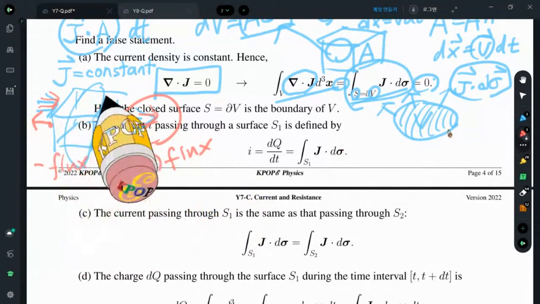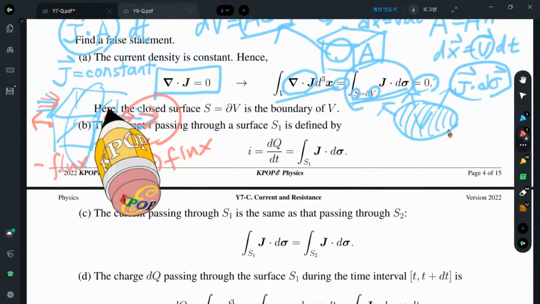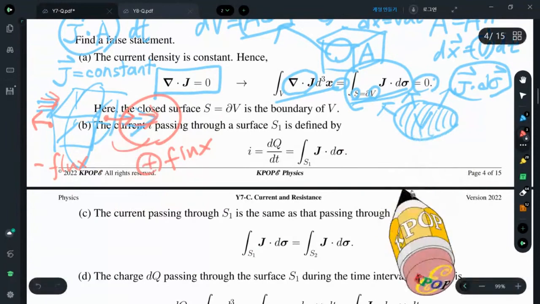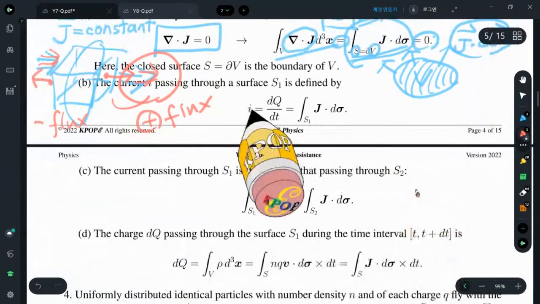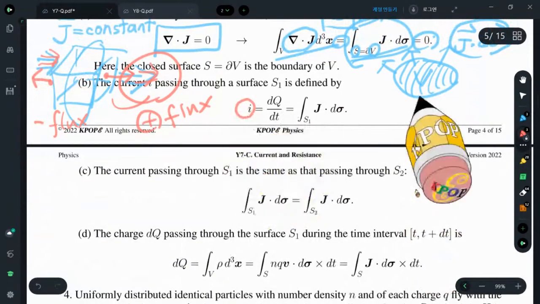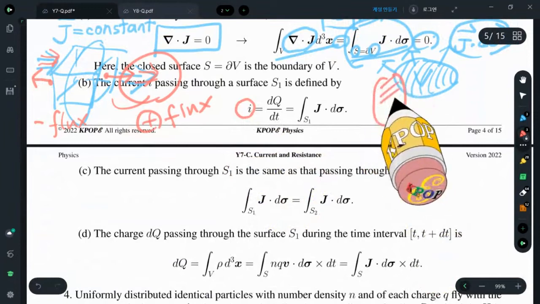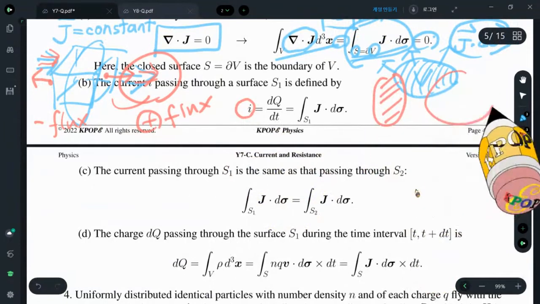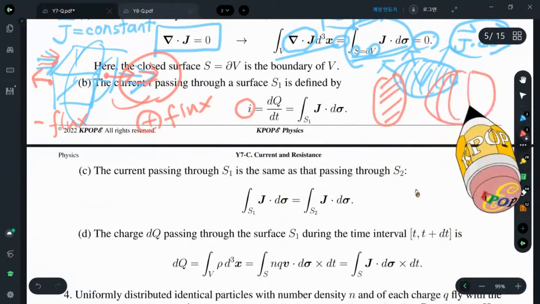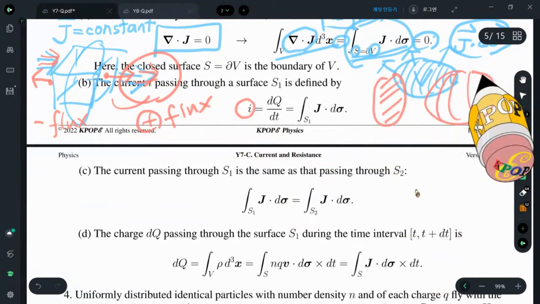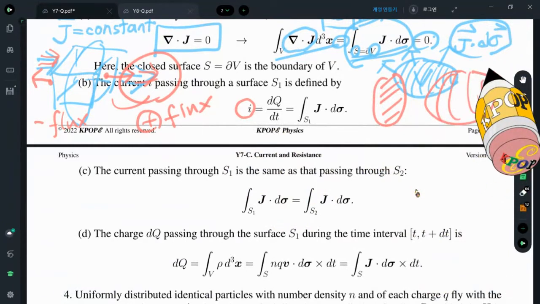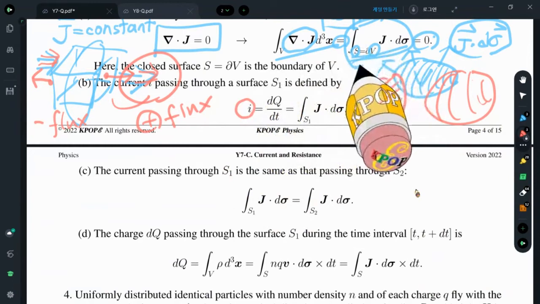Therefore, the amount of charge inside is always time independent. That is the continuity equation. Anyway, the current I passing through an open surface. This is an open surface, and there is a volume, and the surrounding surface is always closed. Here I missed something.